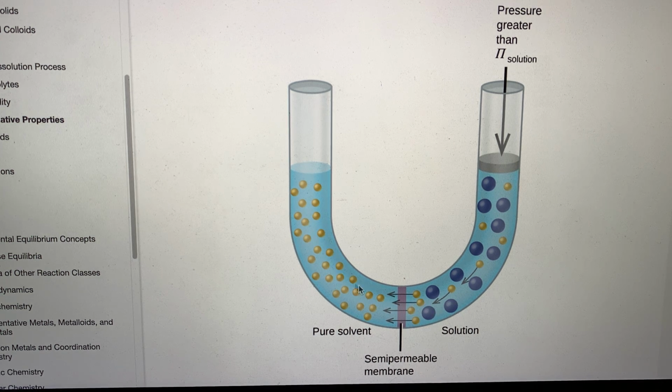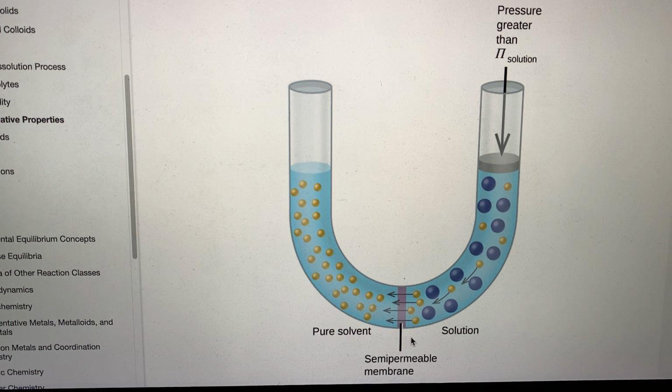Notice that pure solvent, for example water. Ethanol is also a pure solvent, but water is just very popular. So those gold molecules are water. Imagine that. It only allows water to move freely because relative to the solute, it is smaller. So that's the design of the membrane.